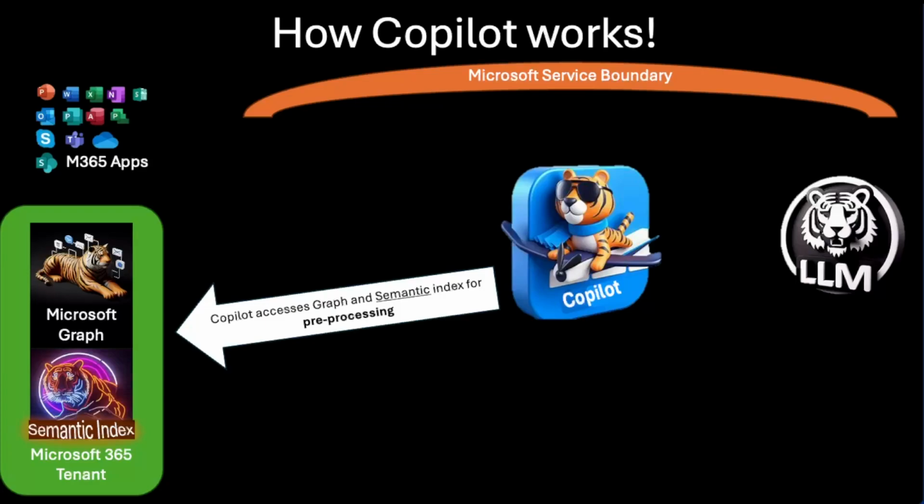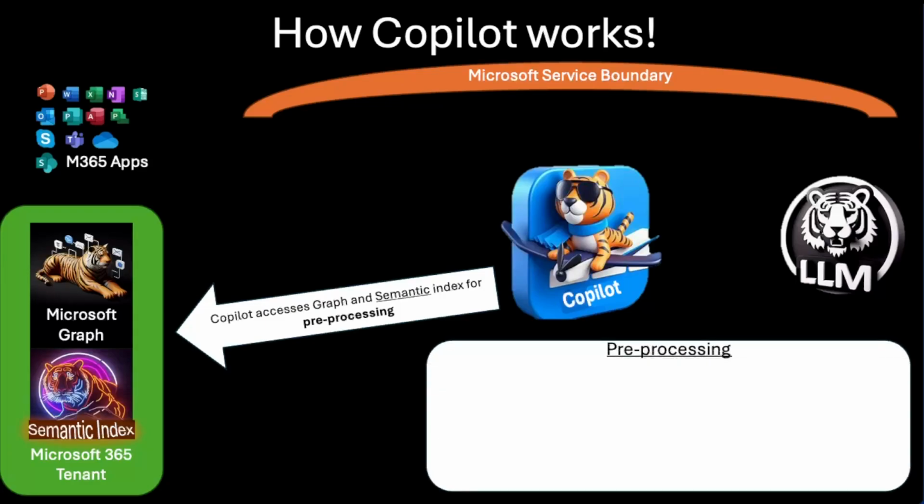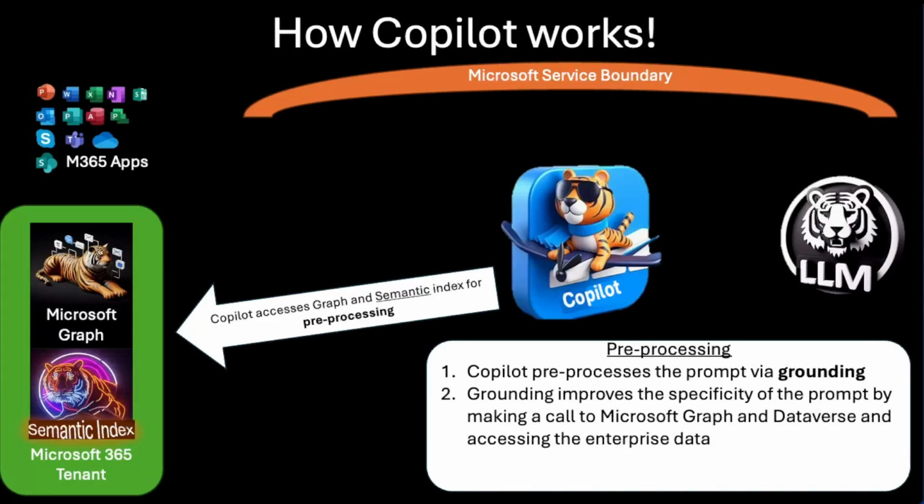So what is pre-processing? Copilot pre-processing of the prompt is done via grounding. So what is grounding? Grounding improves the prompt by making calls to the Graph and Dataverse, and by accessing all the enterprise data, it makes the prompt more specific.